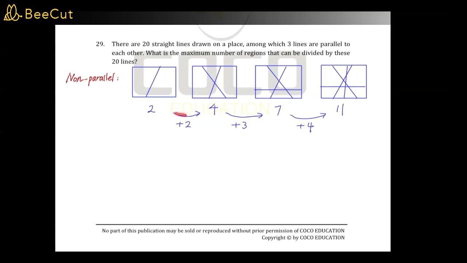So first to second is plus 2, second to third is plus 3. Now for the non-parallel lines, we have 17 of them. So there will be 2 plus 2 plus 3 plus 4 plus 5 all the way to 17. This adds up to 154.